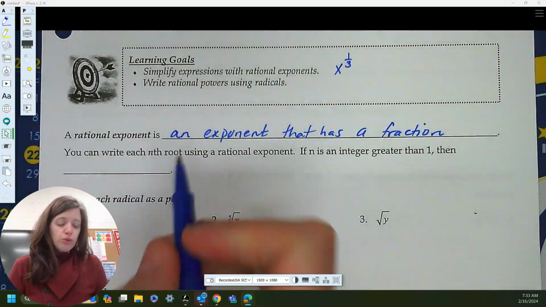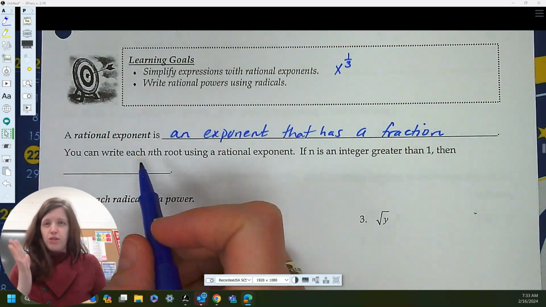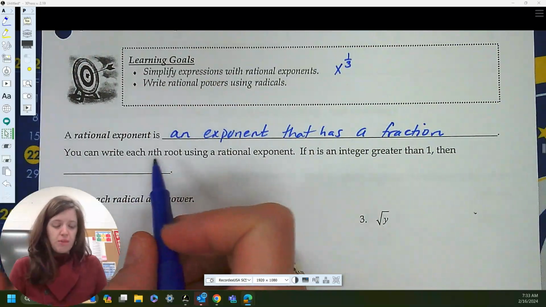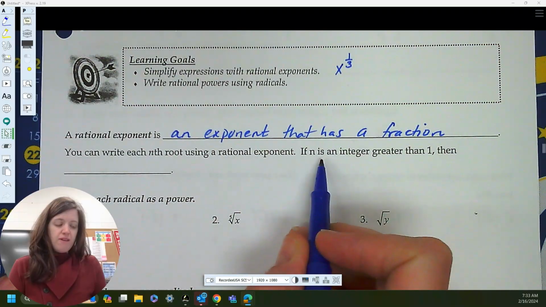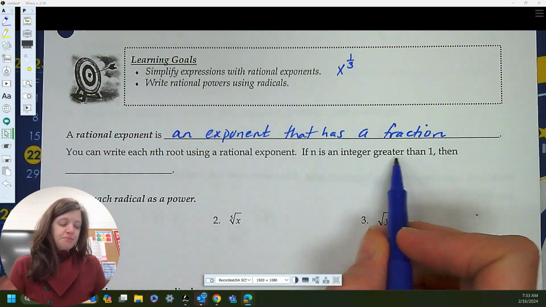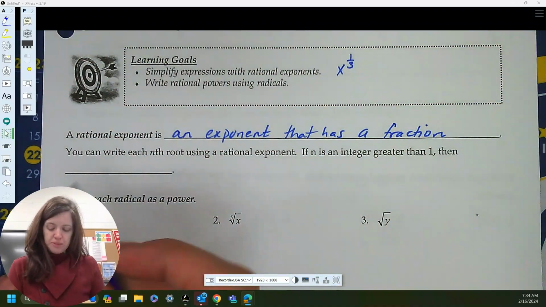So any root, I'm using that word nth to mean some root: the first, the second, the third, the fourth, whatever root I'm talking about. So we can write each root using a rational exponent if n is an integer greater than 1, so we're only talking about positive integers here.